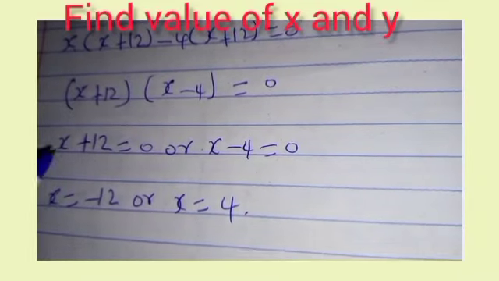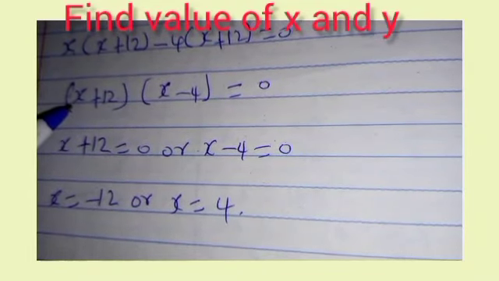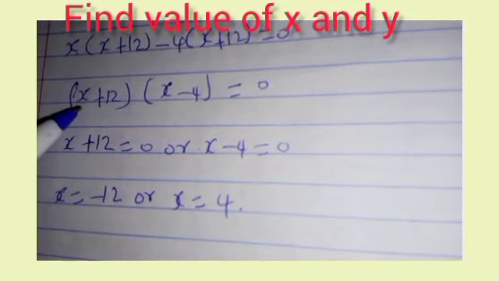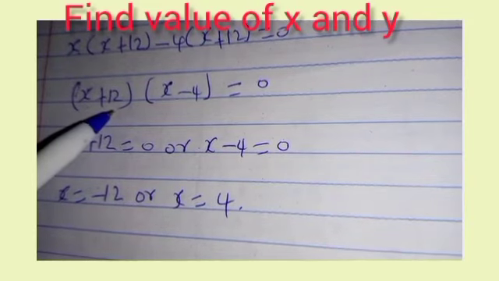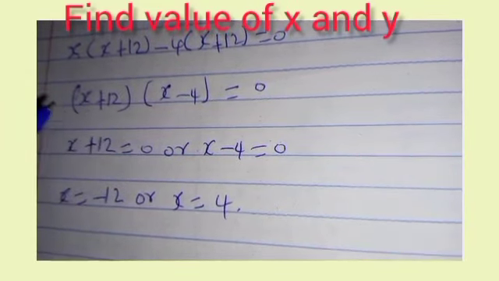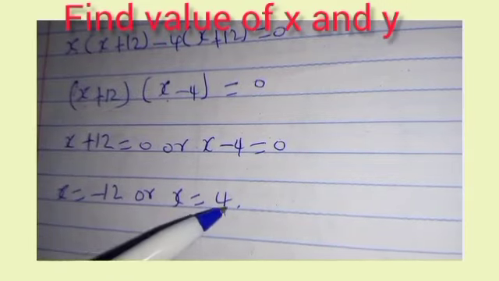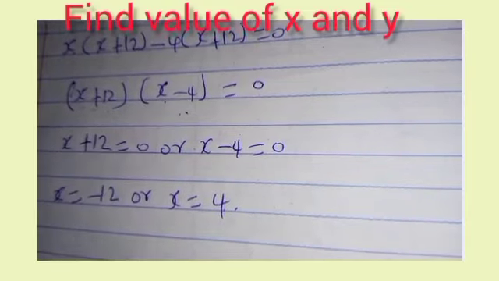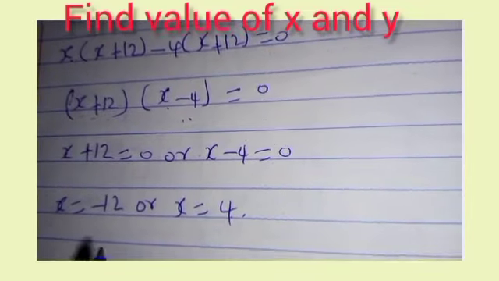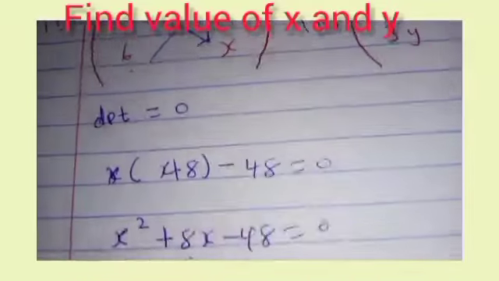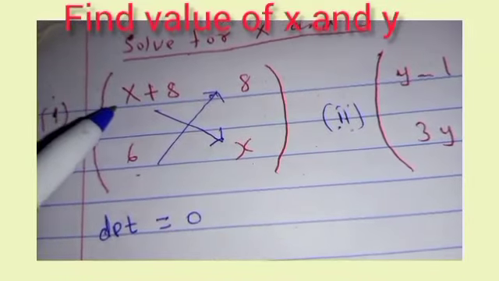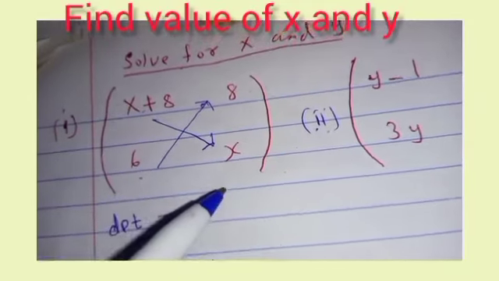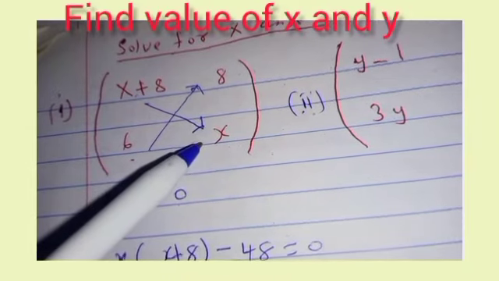And clearly here you can see, when you substitute x by negative 12, minus 12 will give you 0, meaning that our working is correct. Or x is 4, 4 minus 4 will give you 0. 0 times this number is 0. So our determinant is equal to 0. The matrix is singular when x is equal to 4, or x is equal to negative 12.